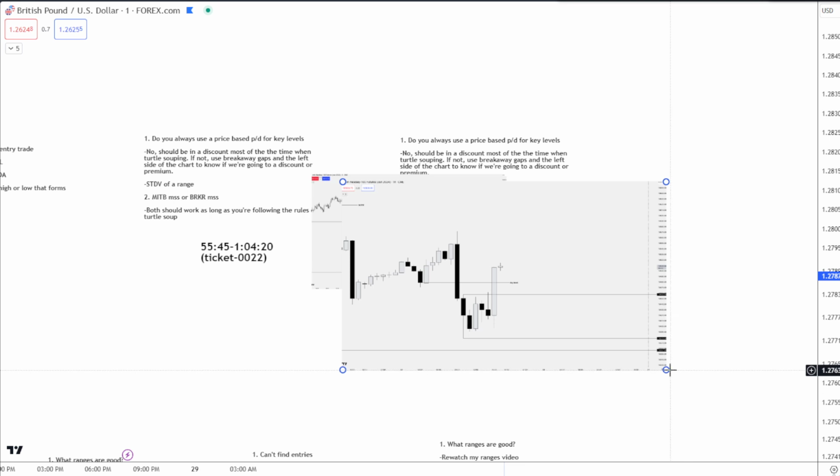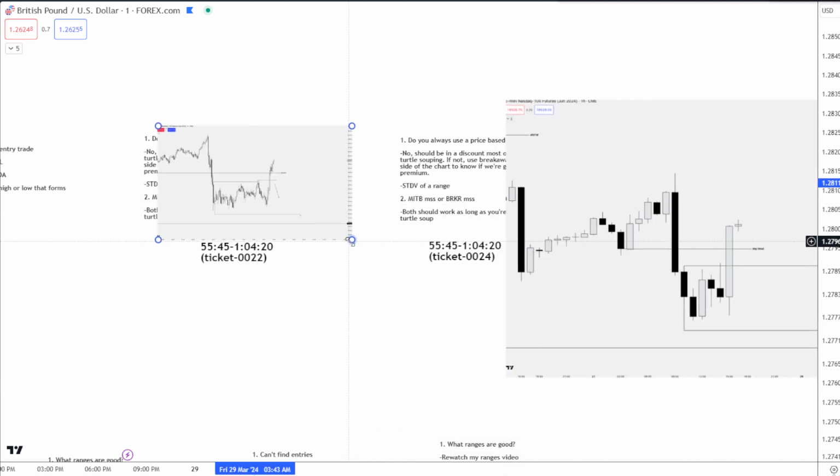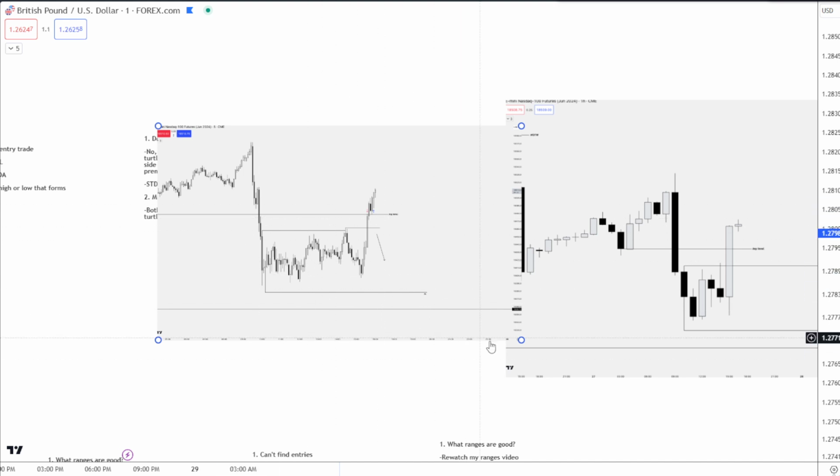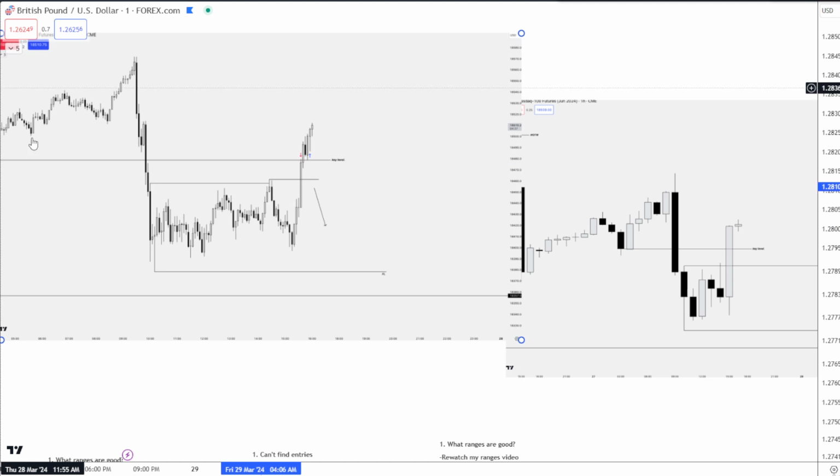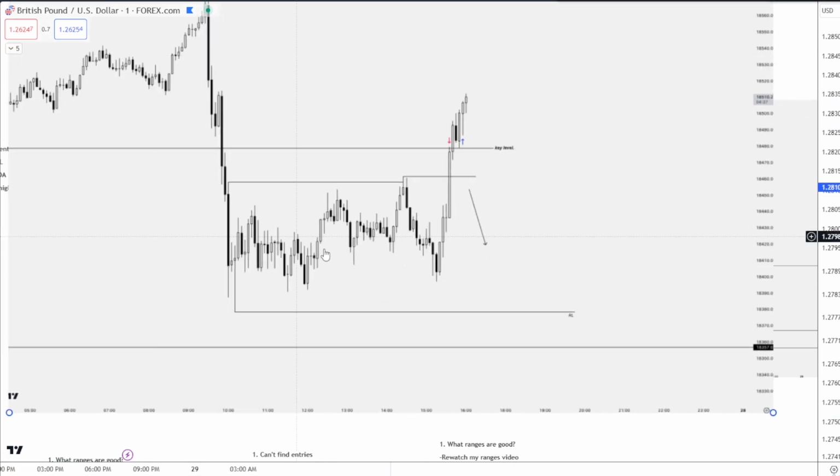So, yes, this would be a good short, right? Range high, into key level. I'm not sure what time we have an open low for this 1 hour candle. So it looks like we create an open at 15 low into these lows, right?